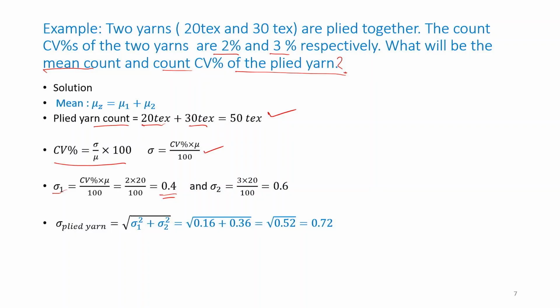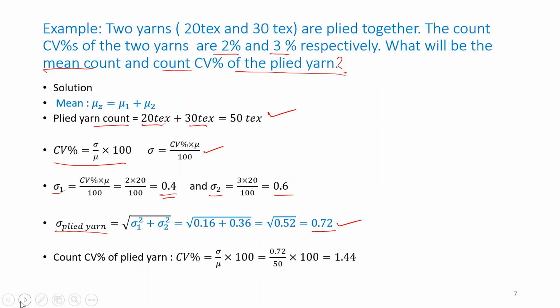Similarly, for the other yarn, sigma 2 is 0.6. So the standard deviation of the plied yarn will be the square root of sigma 1 squared plus sigma 2 squared, and therefore it is going to be 0.72. That is going to be the standard deviation of the plied yarn.